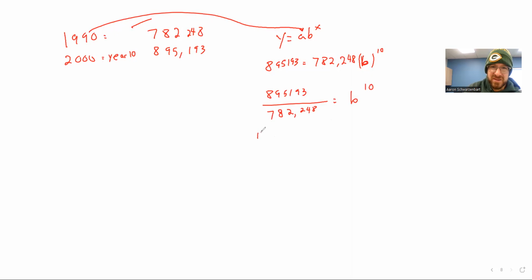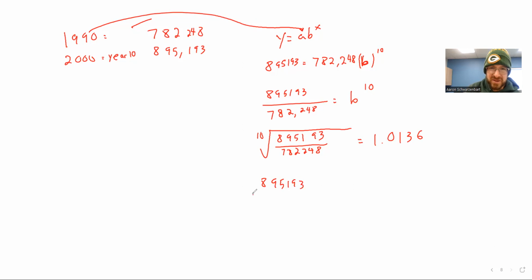Now I'm going to take the 10th root of both sides. 895,193 over 782,248 equals 1.0136.